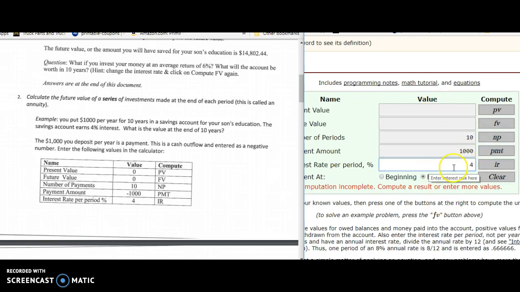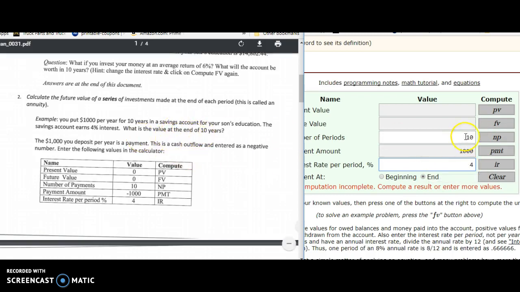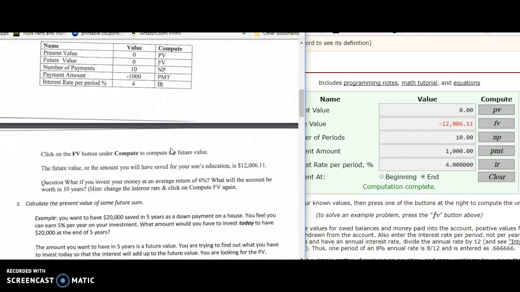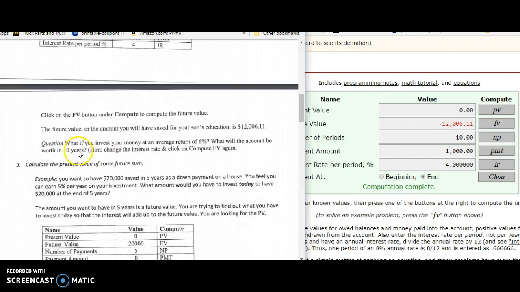Per year, 1,000, 4% interest, and then it's 10 years. So what is the value at the end? The end is the future value, and that's going to be 12,611.